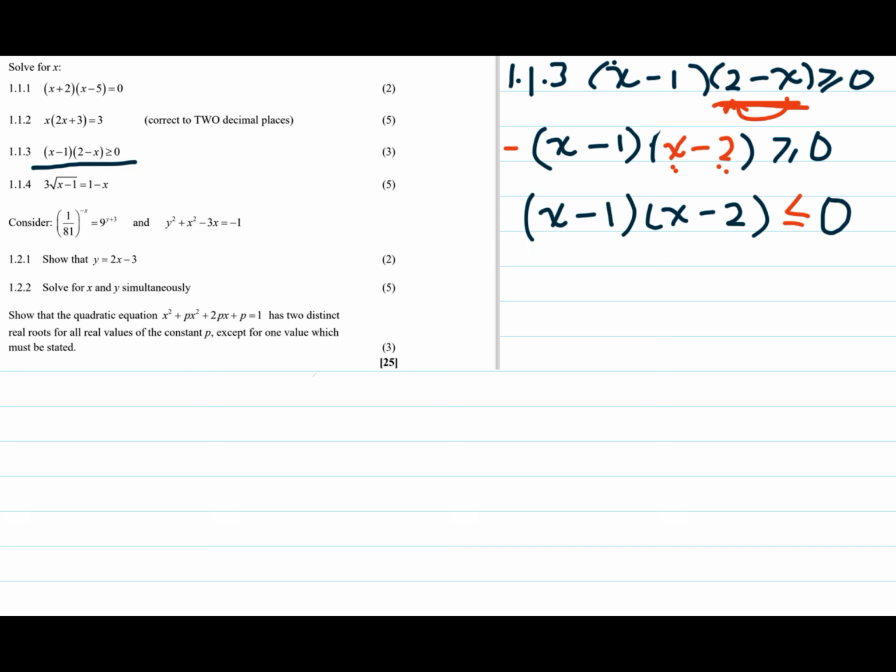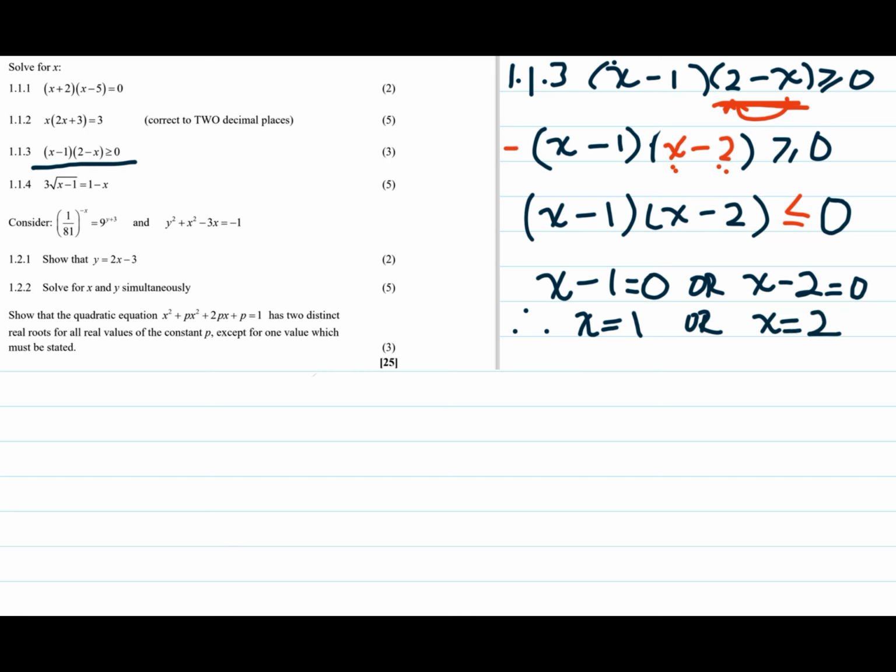That means that we have, therefore, x minus 1 is equal to 0, or x minus 2 is equal to 0. Therefore, x is equal to 1, or x is equal to 2.